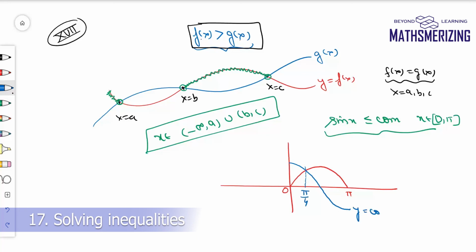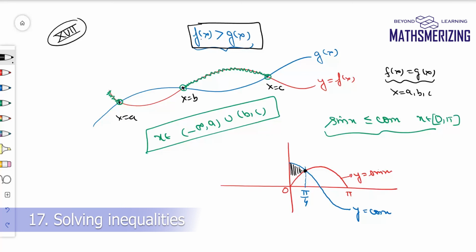So the blue graph is the graph of cos x, and this red graph is the graph of y equals sin x. Now I need to find the interval where the graph of sin x lies below the graph of cos x. The graph of sin x lies below the graph of cos x in this interval, and because it has an equality sign, I'll include it.